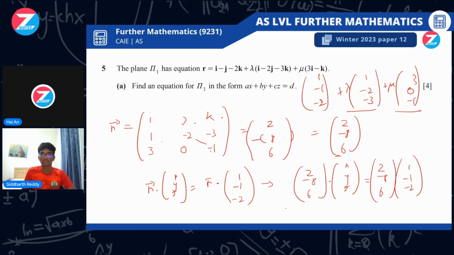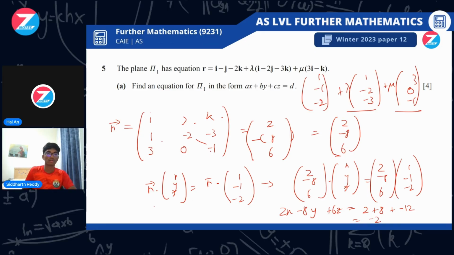So this becomes 2x minus 8y plus 6z is equal to 2 into 1, which is 2, plus minus 8 into minus 1, which is plus 8, plus 6 into minus 2, which is minus 12. So 2 plus 8 minus 12, that's going to be minus 2, right?